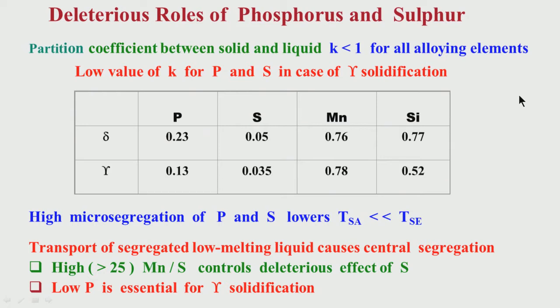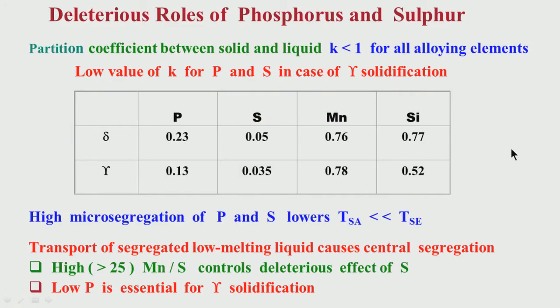If TSA comes down, with TL, the liquidus, remaining more or less similar, the temperature interval for solidification also increases, and then the mushy zone will be wider and the actual solid shell during solidification will be narrow. This has a lot of implication on the solidifying strand; its strength, its toughness, everything will depend on that.